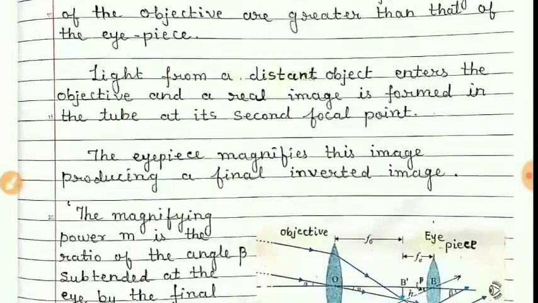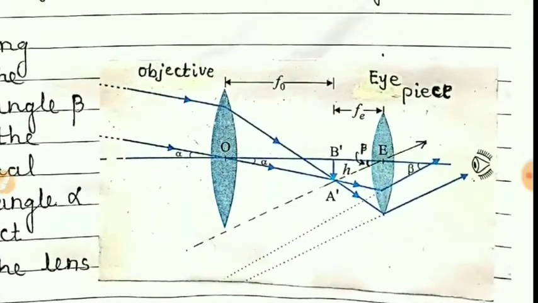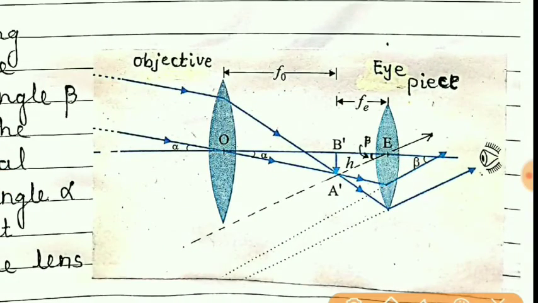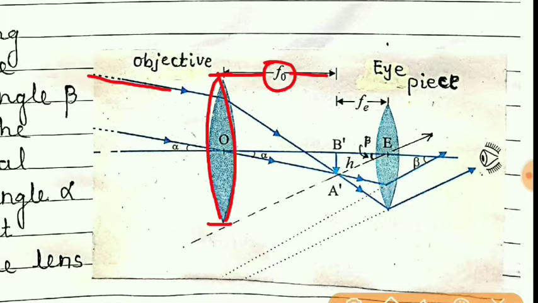Now students, you can see this figure. It is quite opposite to that of the microscope. Here in the telescope, the objective lens has a large aperture and also a large focal length. You can see the rays from the object are parallel.